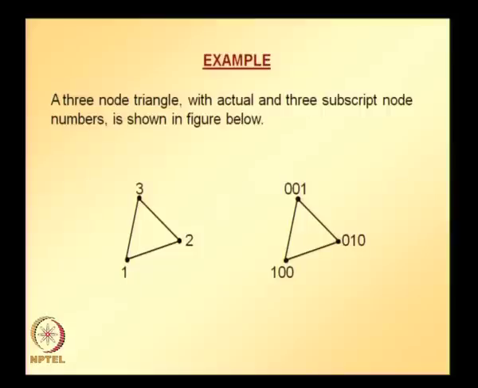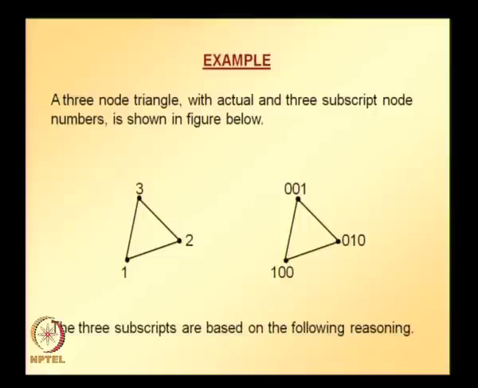The figure on the left hand side is numbered 1, 2, 3. Imagine that to be an xy coordinate system, and in the figure on the right hand side the nodes are numbered using the 3 subscript numbering scheme. How this 3 subscript numbering scheme is obtained, let us try to understand. The 3 subscripts are based on the following reasoning.